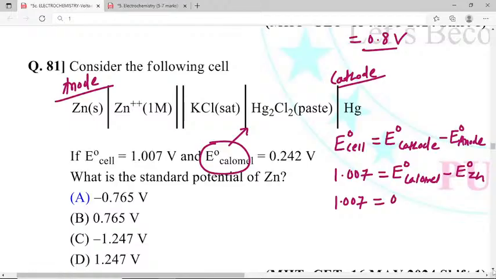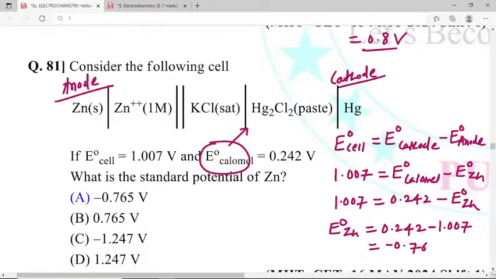The calomel value is 0.242 minus E naught zinc, which we have to calculate. So E naught zinc is 0.242 minus 1.007. What is the answer? Minus 0.765. So A is the answer.